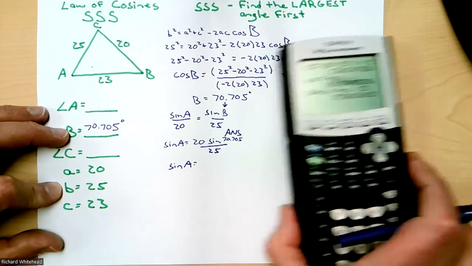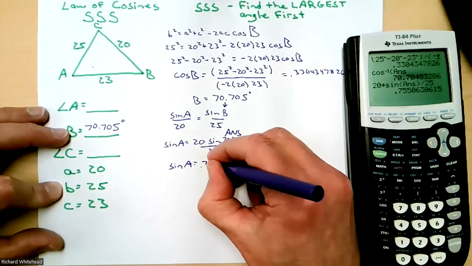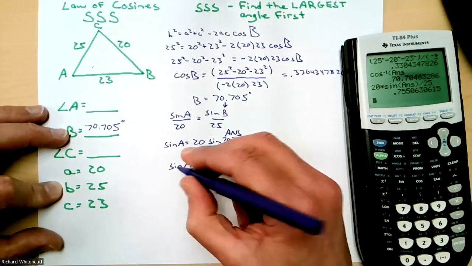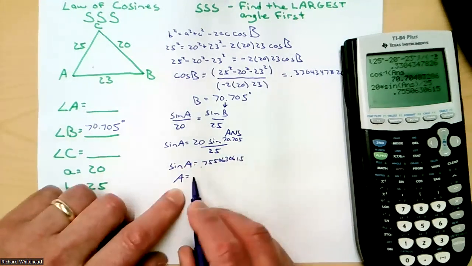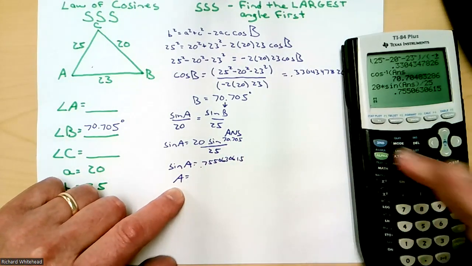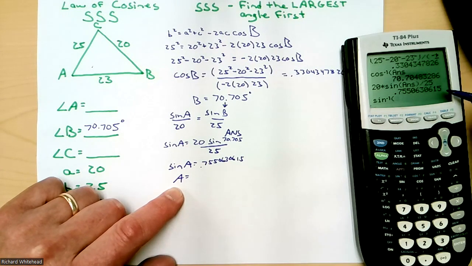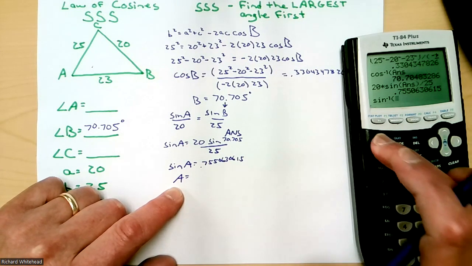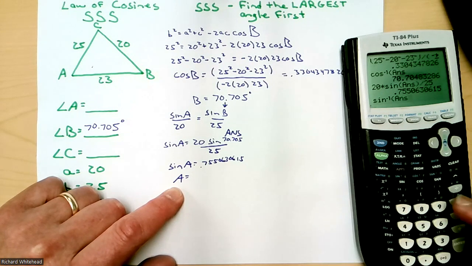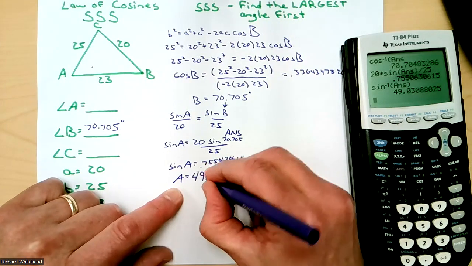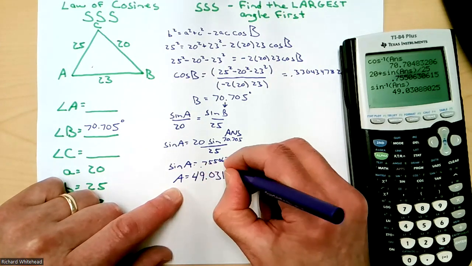Okay, so now I've got 0.755063065. And I don't even care, right? Because what am I going to do next? I'm going to do inverse sine of that answer, which is already on your calculator, unrounded. So that makes 49.031.